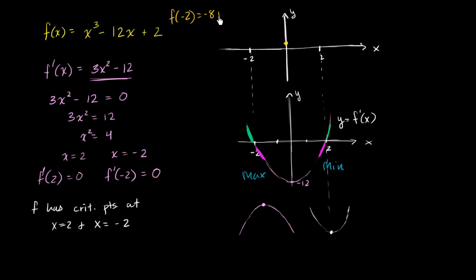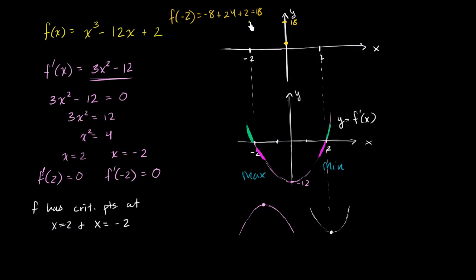So this is plus 24. And then we finally have plus 2. So negative 8 plus 24 is 16, plus 2 is 18. So f of negative 2 is equal to 18. And I'm not drawing it completely to scale, but let's say that this is 18 right over here.